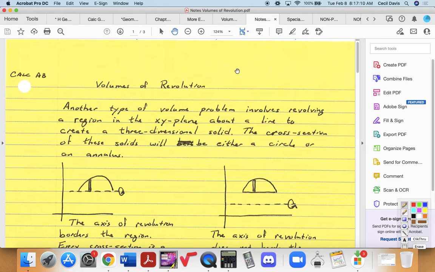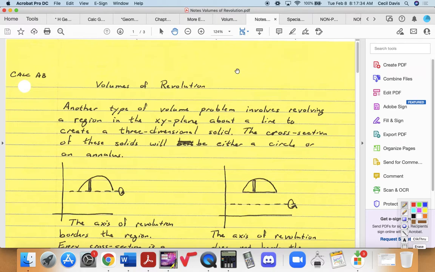So, another type of volume problem involves revolving a region in the xy plane about a line to create a three-dimensional solid. Again, it is not important that you can visualize these three-dimensional solids in your head. I can, but I used to teach it that way, and I'm really good at spinning things in my head and seeing what they look like. Okay?